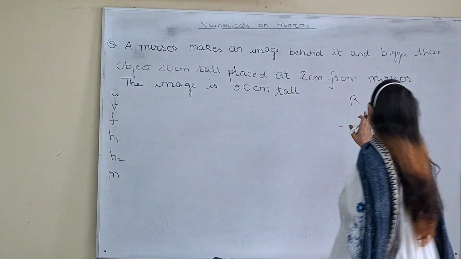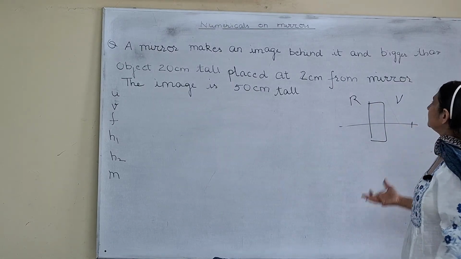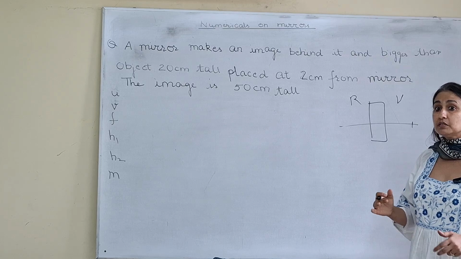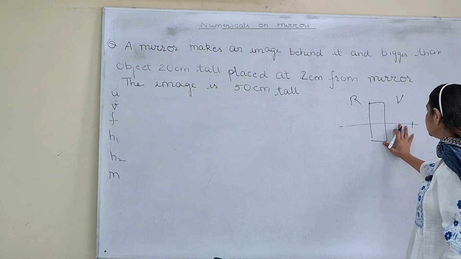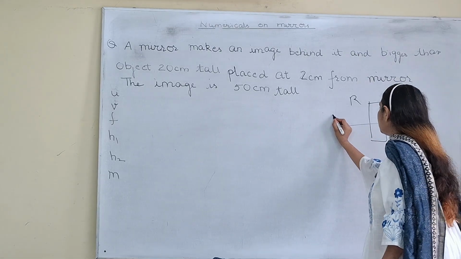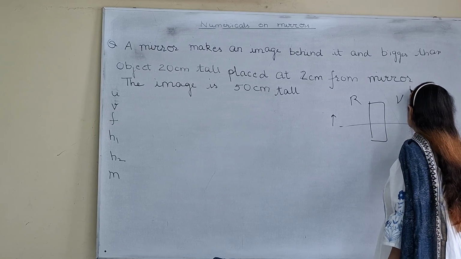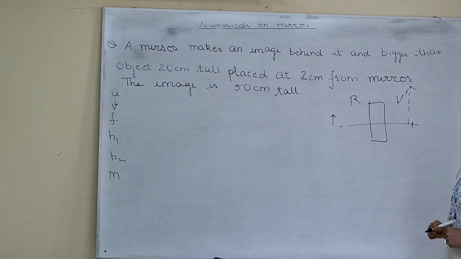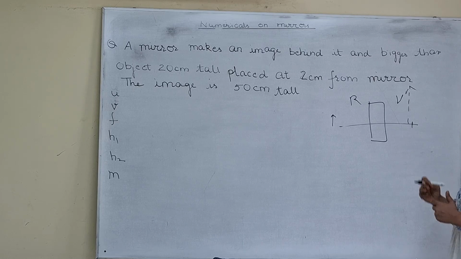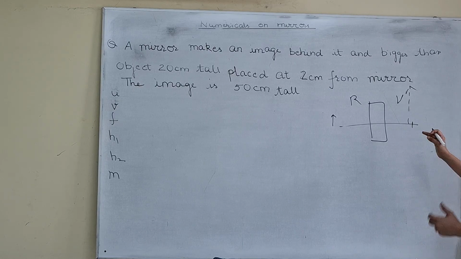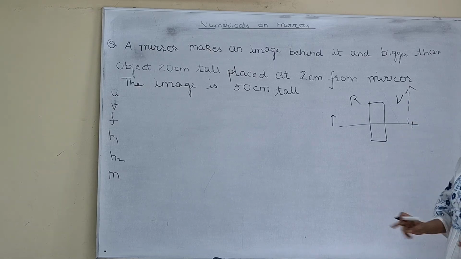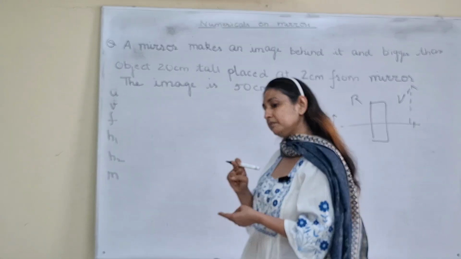Behind it and bigger than the object. The image is bigger. It's here and bigger than the object. Suppose the object is this, the image is this. So from here, what do you come to know? Just from this fact, who makes such images which are virtual also and which are bigger also?